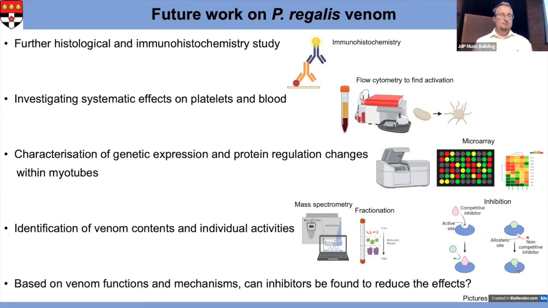I will also characterize genetic expression and protein regulation changes within myotubes to find what the venom is doing on a genetic level, using mass spec and microarrays. We've also fractionated the venom, and we will be studying this and its individual activities, perhaps also supported by mass spectrometry.